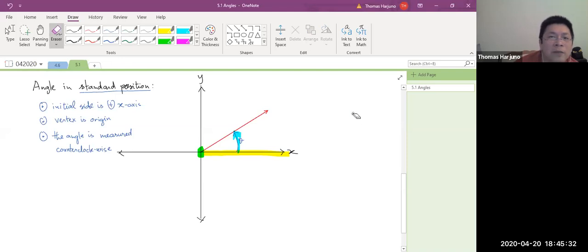Now we can see further that angles are coterminal if they differ by 360 degrees. For example, let's say the theta here is 40 degrees. If I add 360 degrees, they are coterminal.